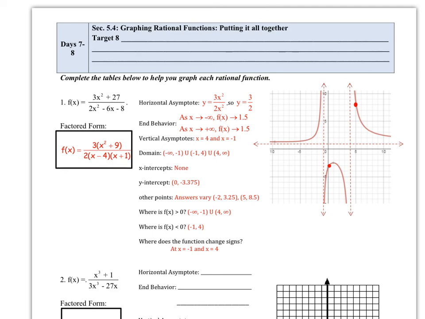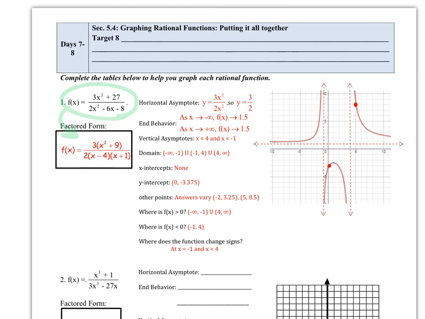So this problem here is worked out. Before you start figuring out what we know about rational functions from our equations, it's really important to put them in factored form, okay?